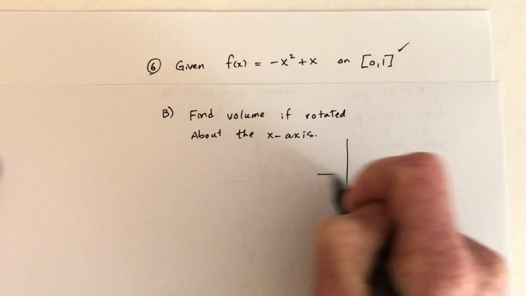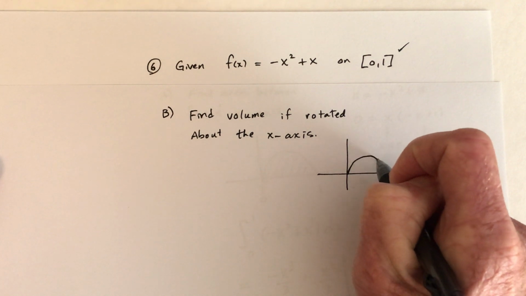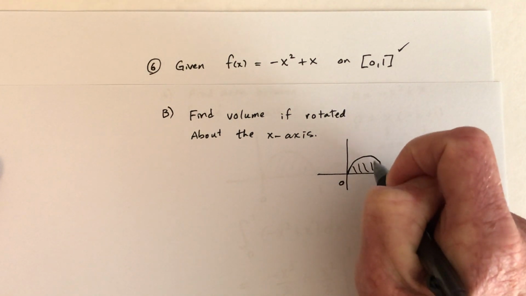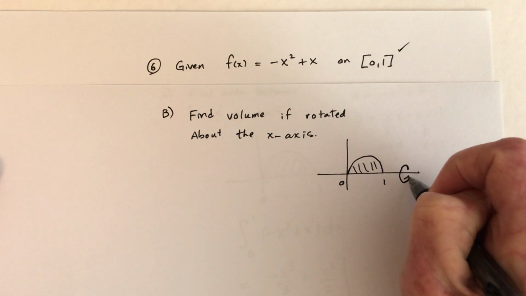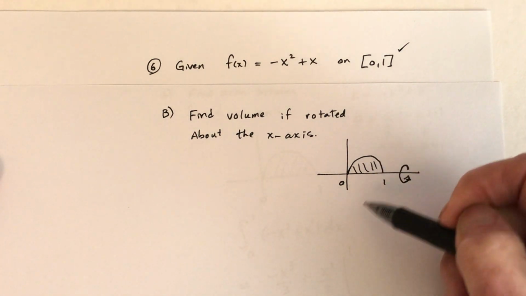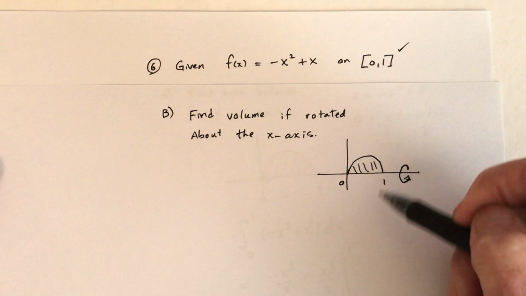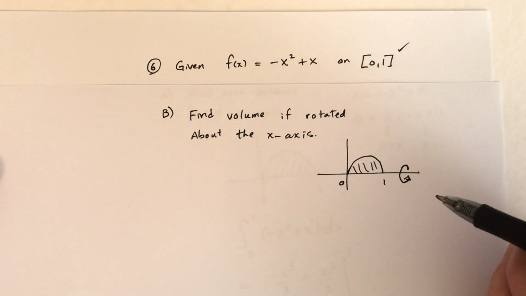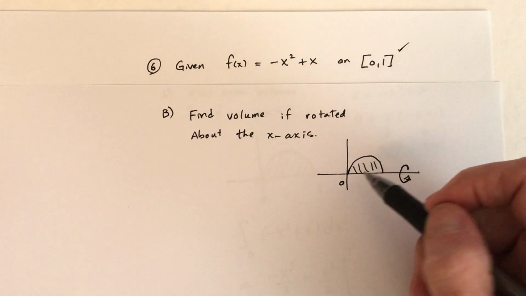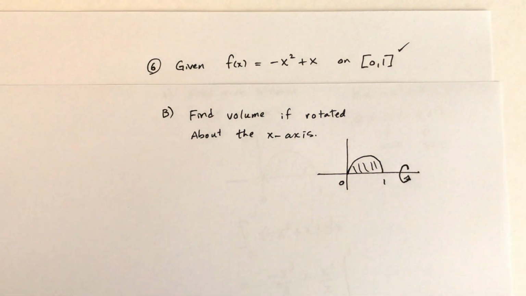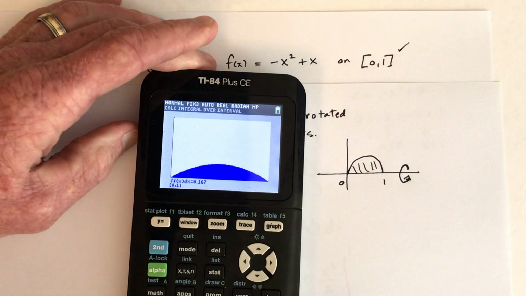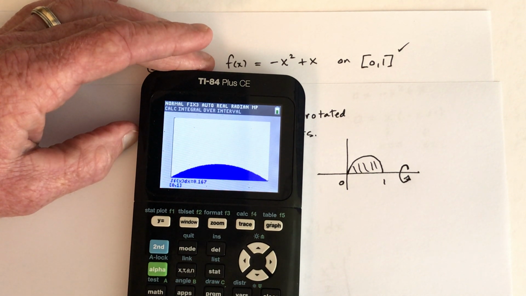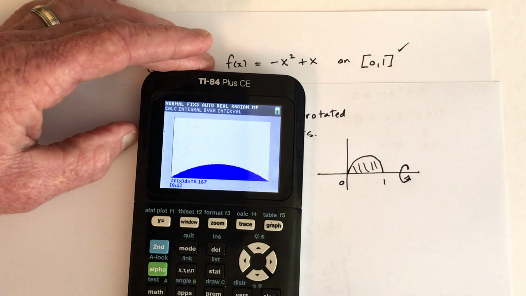So basically you take this picture right here from 0 to 1 and then you spin it around the x-axis. So spin it around and around and around, and it would make something that looks sort of like a basketball, except if you look at this graph, it would be more like an elliptical type basketball.